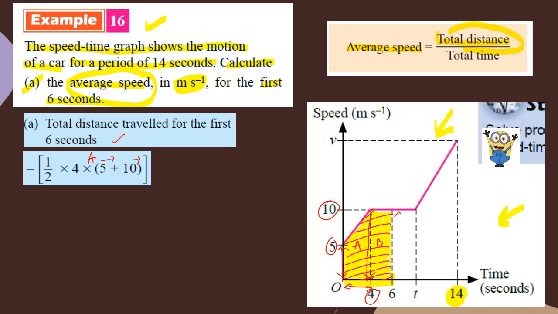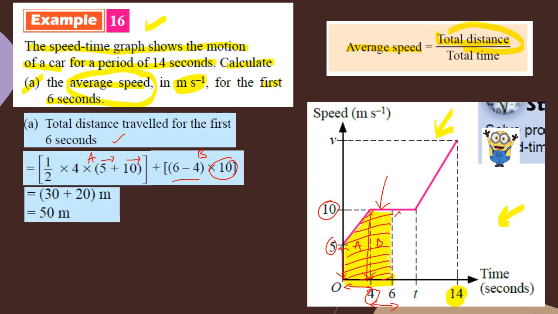Then you plus the B shape, the rectangle. This length is 6 minus 4, and then the height is still 10. So you calculate, you'll get 30 plus 20 and you get 50 meter.